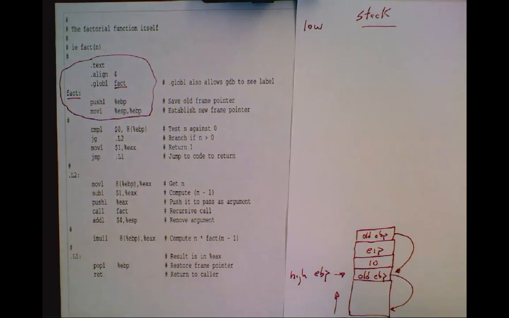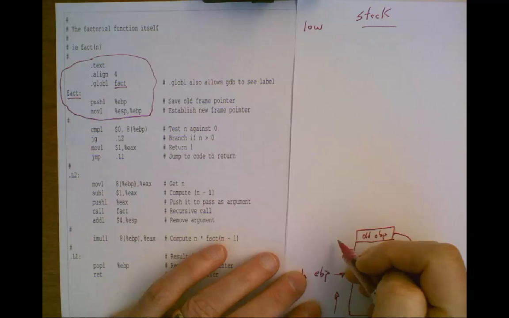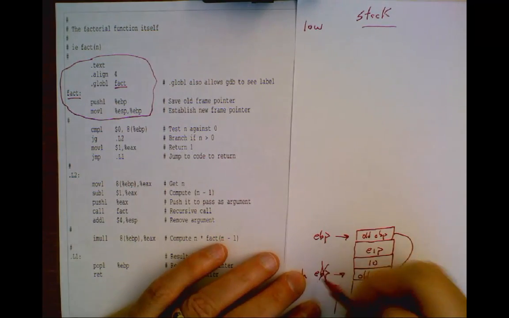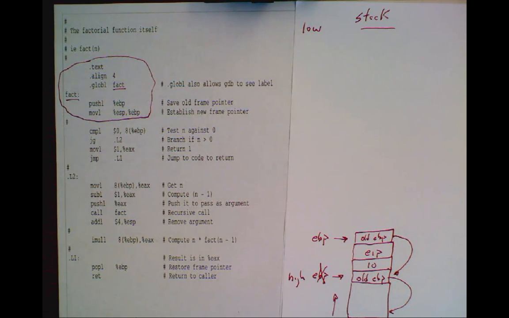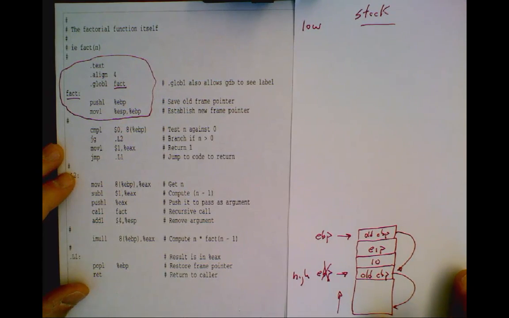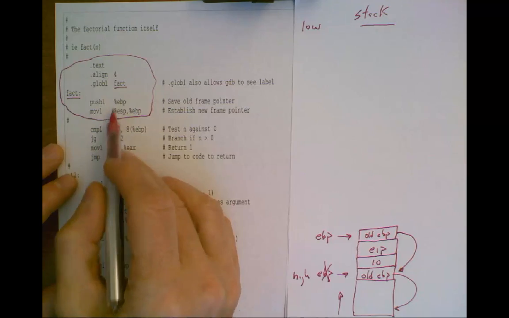You can see this chain, again, this linked list, if you will, of all the frames. And then it's going to establish a new frame pointer here. So this will be changed to point to the new frame. We're establishing a new frame now for the factorial function itself.